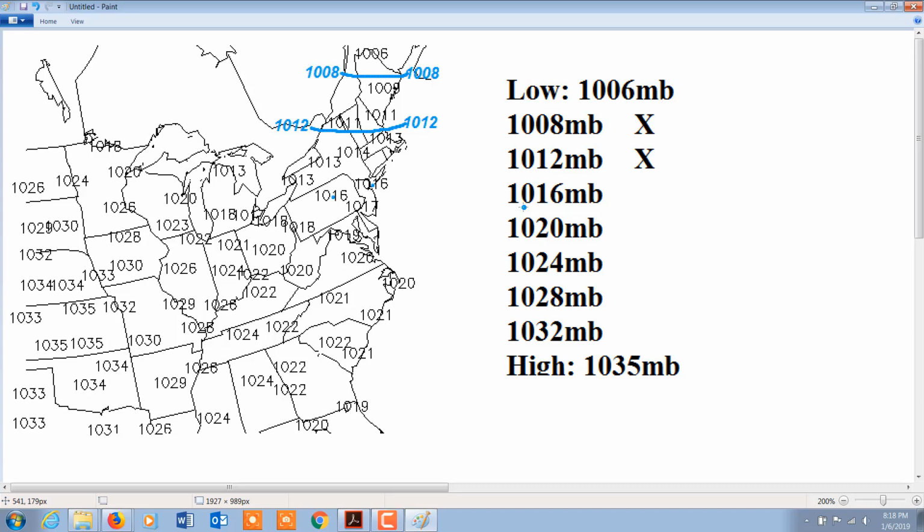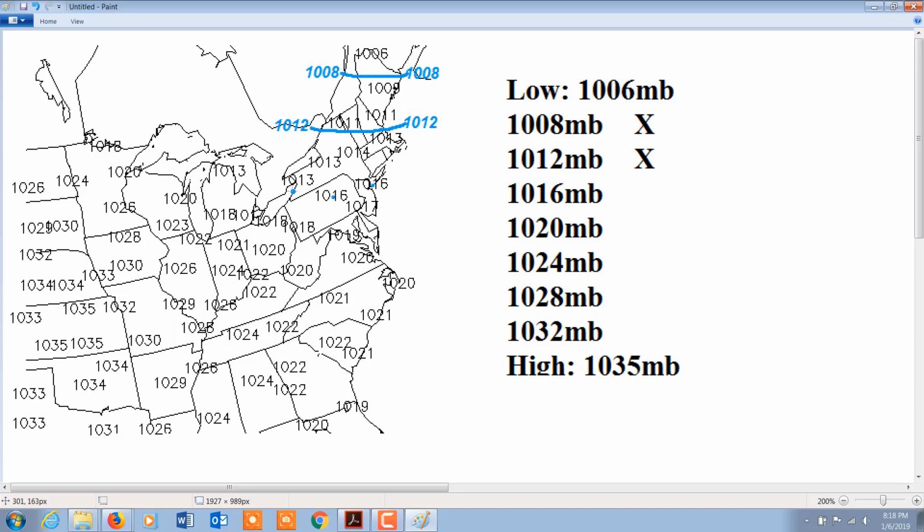But what I can assume is that the pressure between 1013 and 1018, traveling from here where it's 1013, traveling down here to where it's 1018, somewhere in between these two, the pressure is going to be 1016.